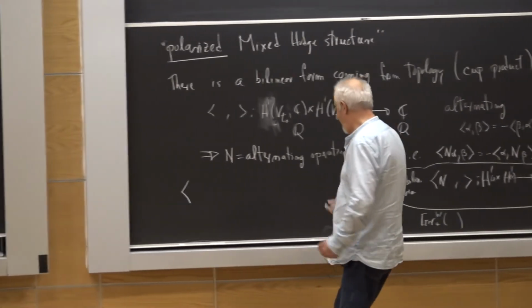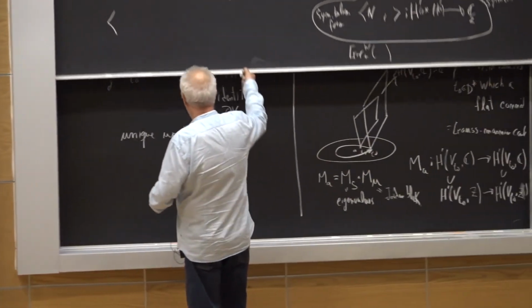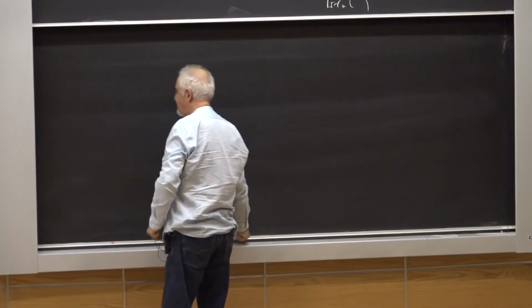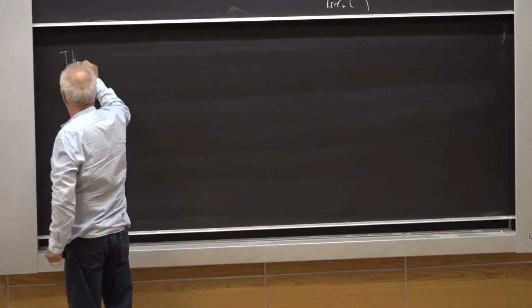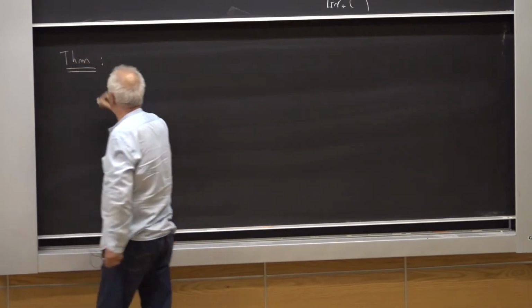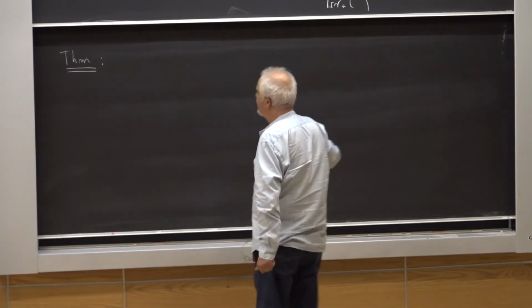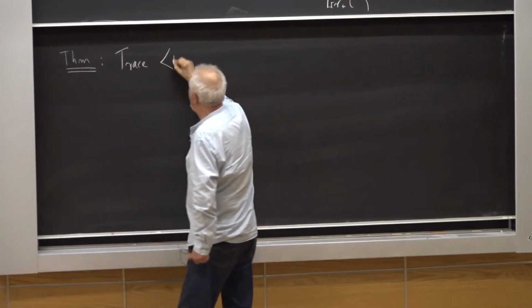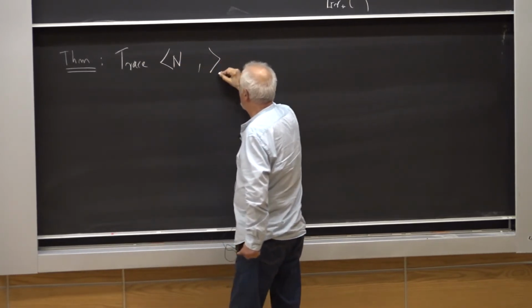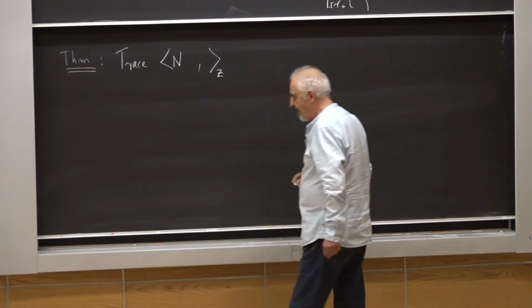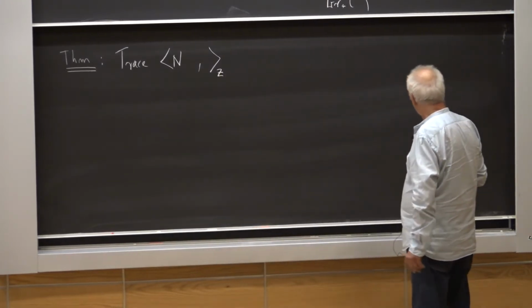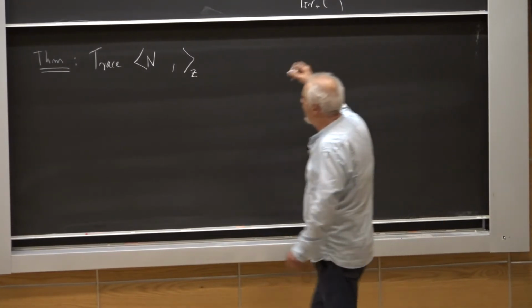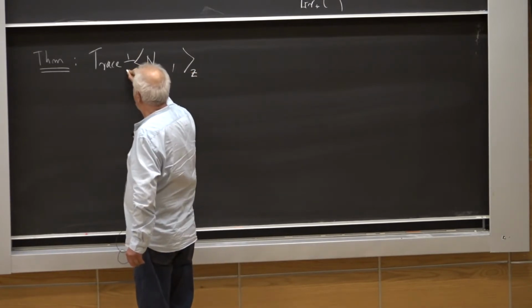And so the result that we have is the following theorem, that if you take with integer coefficients the trace of this symmetric bilinear form, but here you have to divide by n.